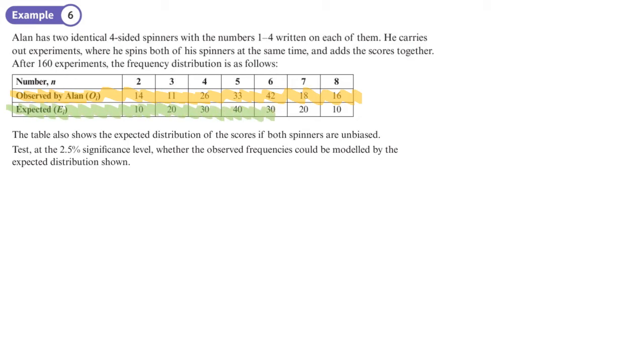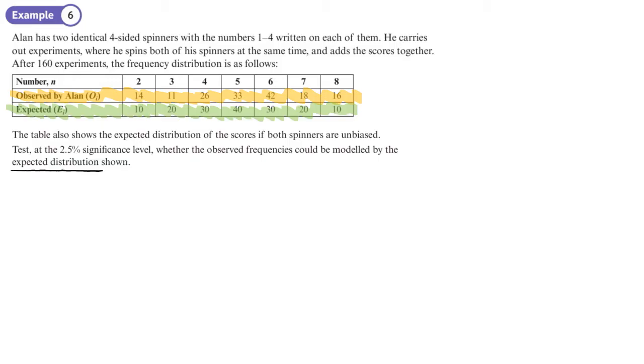The expected table also shows the expected distribution of the scores if both spinners are unbiased.